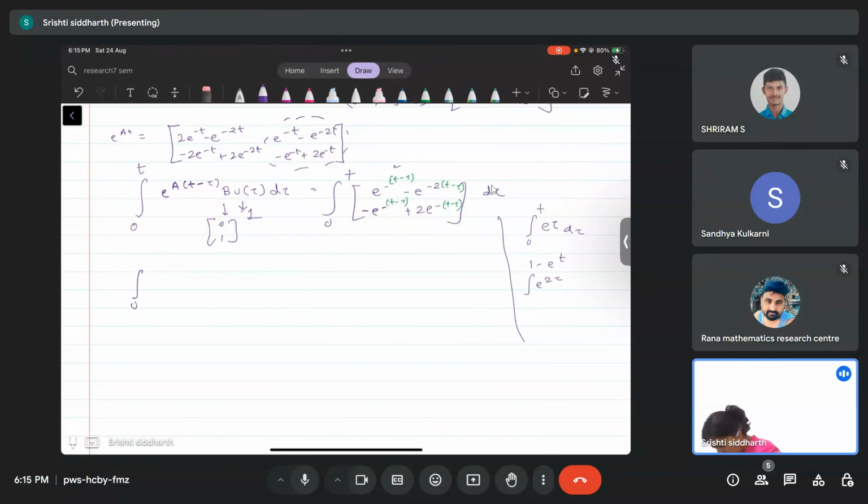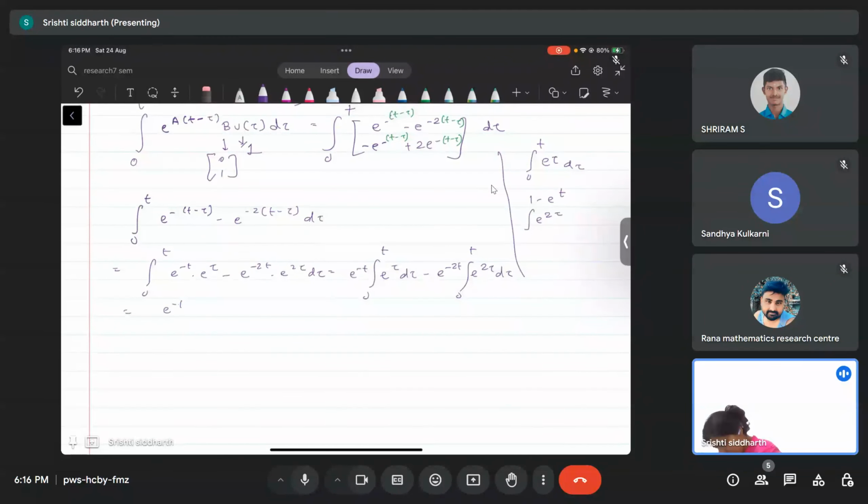the first term, so we have e to the power minus (t minus tau). So this becomes e to the power minus t into e to the power tau from 0 to t, over 2.